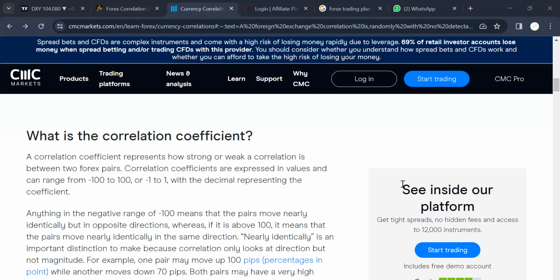If the correlation between two pairs is negative, ranging down to -100, it means they are strongly negatively correlated. They move in different directions, and the magnitude is very big.